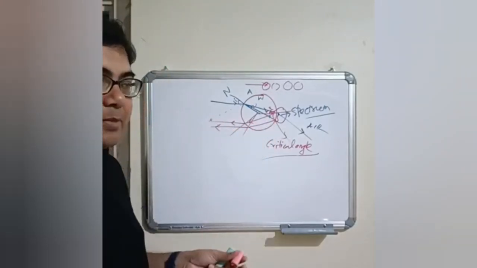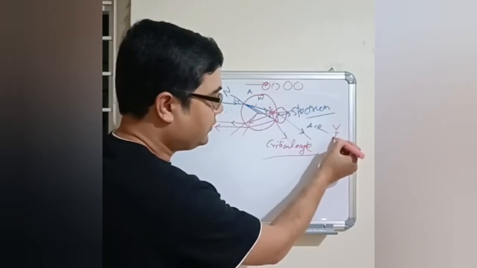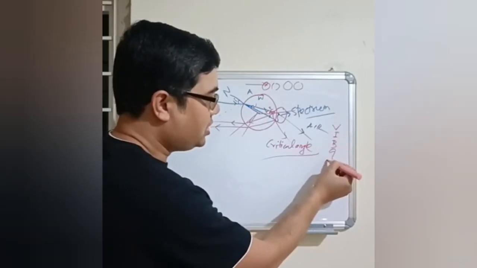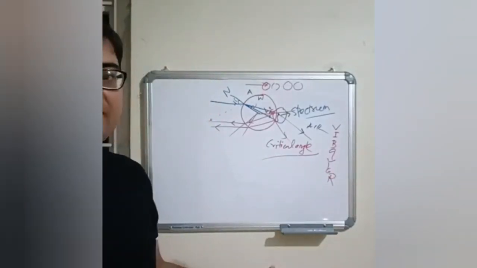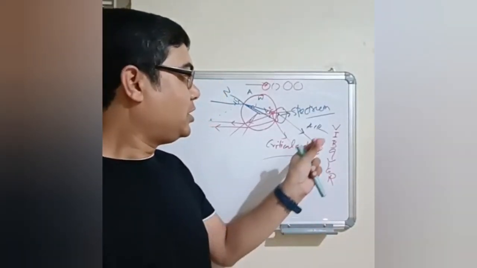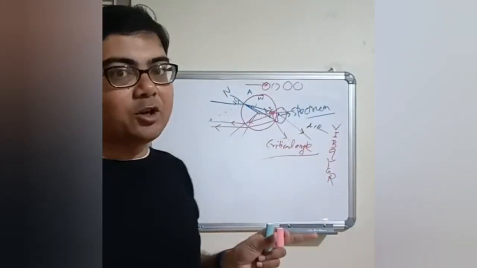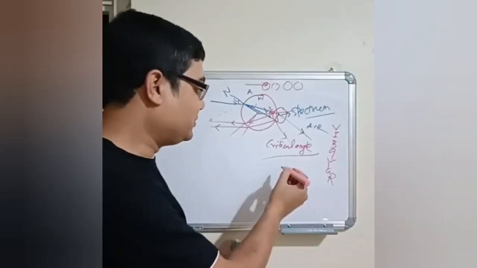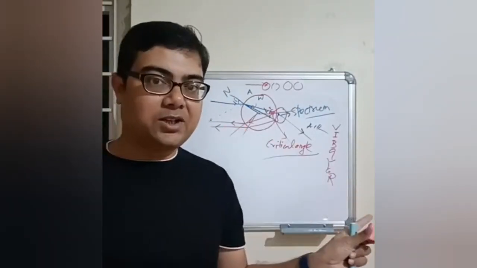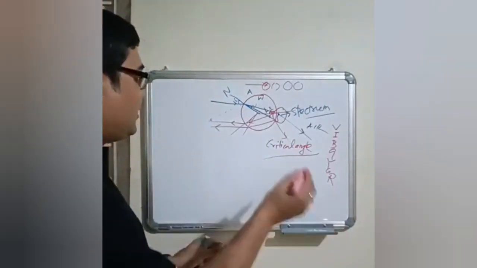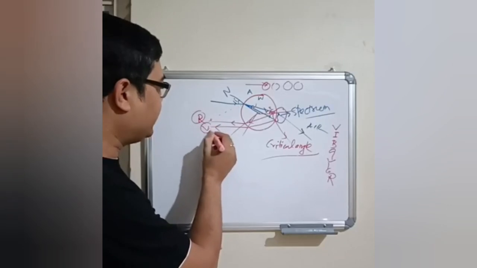So simply, VIBGYOR, right? And it is a very simple concept that violet has a very small wavelength, so it is bending more compared to red light. So at the top it should be red and here it should be violet.